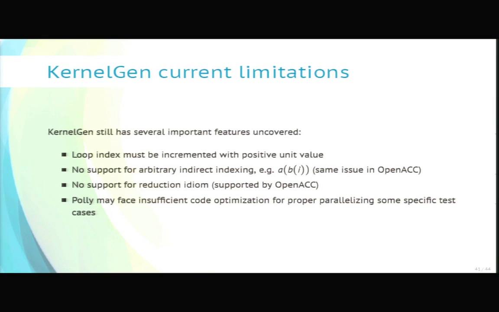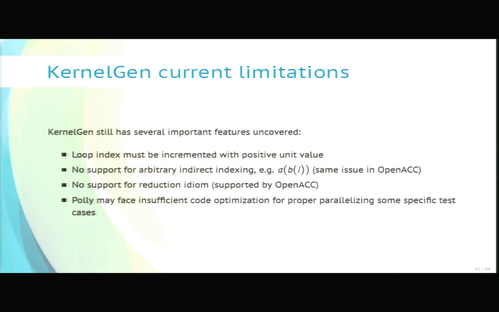Currently we have a pretty functional prototype, but it still has several important features not covered. For instance, we support only simple loop indexing, so no negative increments, no non-unit increments, and so on. Currently no support for arbitrary indirect indexing, which is believed to be very important for algorithms like sparse linear algebra or structured and unstructured grids.